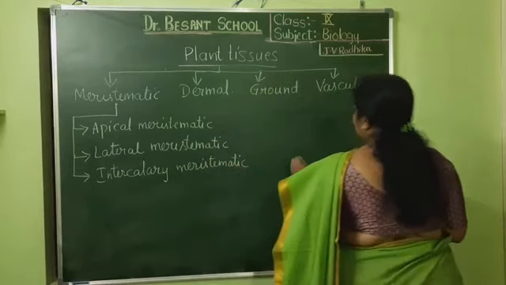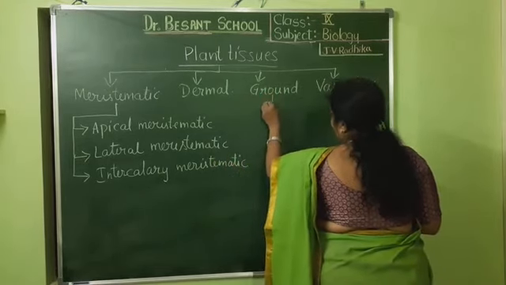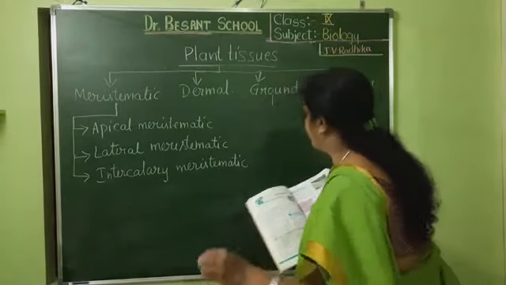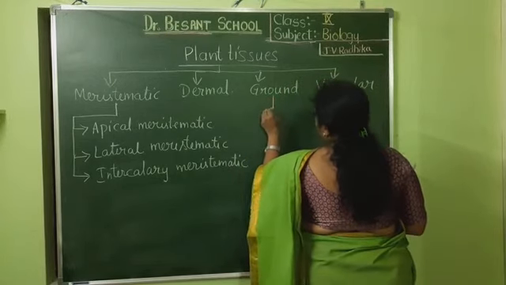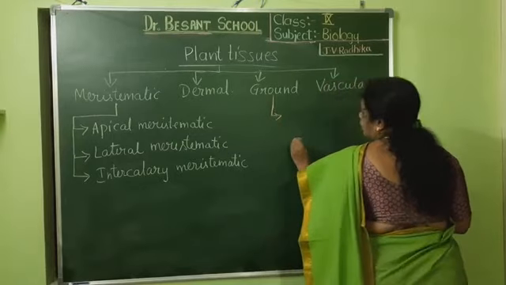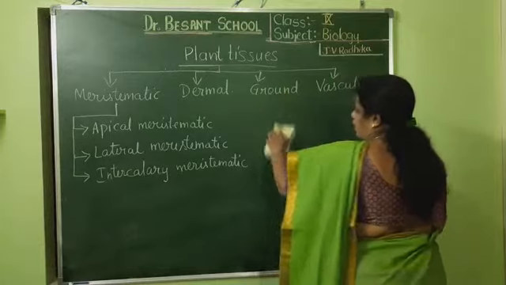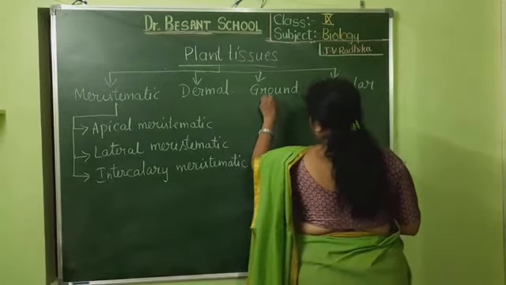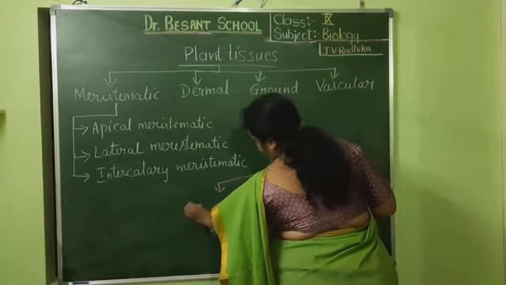Now, ground tissue again we can divide into different types. They are parenchyma, collenchyma and sclerenchyma.